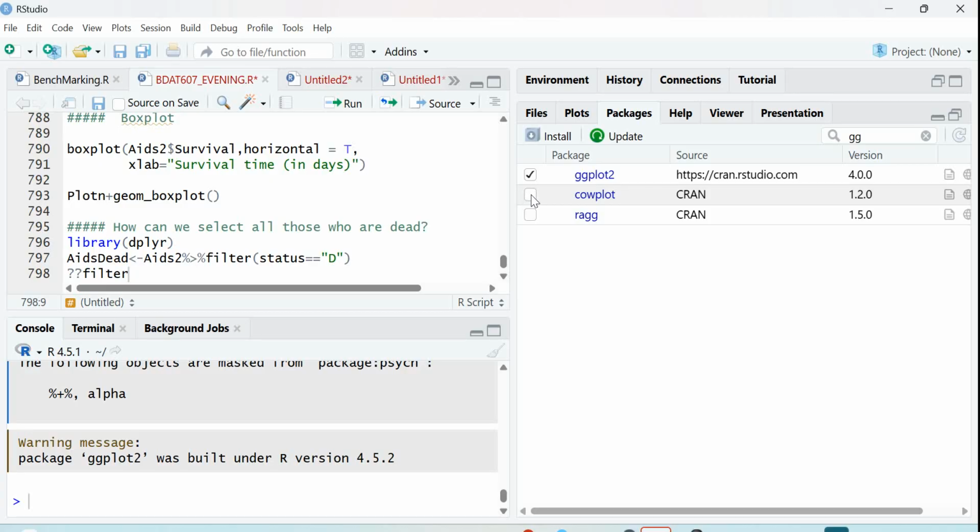But if I have not ticked it, it will not check through it. Both are help, but the single one is for packages you have loaded into your library or working environment. The double one will search through every available package you have installed.